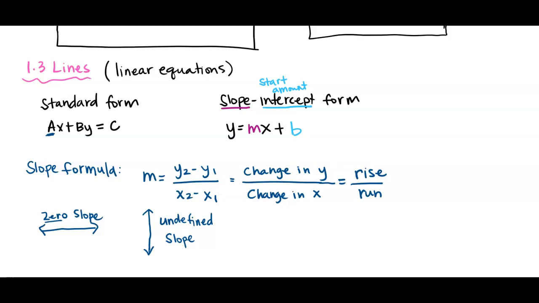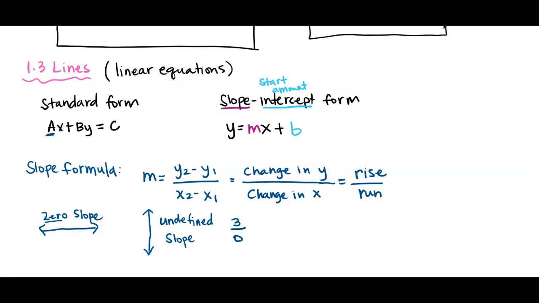And why is this undefined? Well, when you do the slope formula on this, when you try and find your slope, it's like some number divided by 0. Well, what happens when you try and do this in your calculator? If you do 3 divided by 0, what does it say? You get a divide by 0 error.